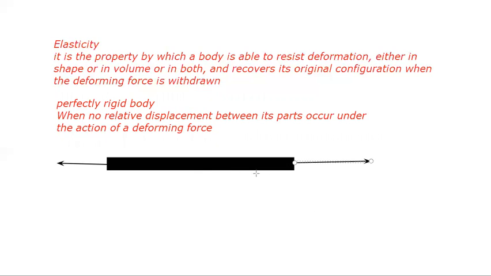Even if you are trying to stretch the pen, it is not changing its shape or size, which means there is no relative displacement between two points. For example, if I take a point here and another point here, even when we are applying force, the distance between these two points is not changing, right? So this body is a perfectly rigid body.